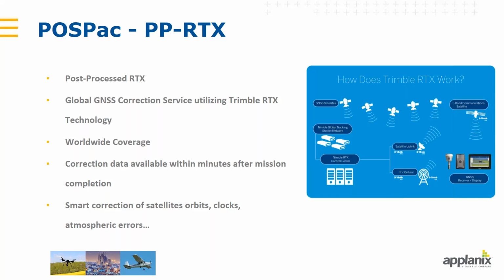Within the control center, a smart algorithm derives a set of correction data for the rover position. And in POSPac, you can use this set of correction data just minutes after your mission to process your data. So this is very powerful if you do not have any base stations available, and then you can directly get your correction data within POSPac over this functionality.